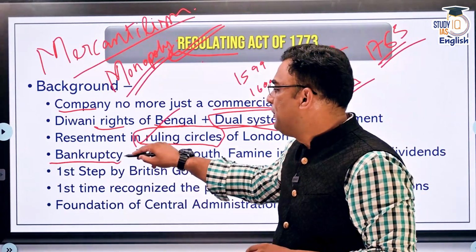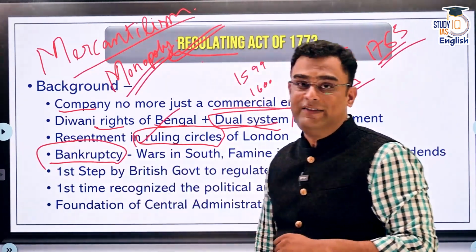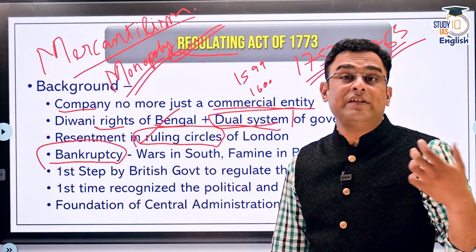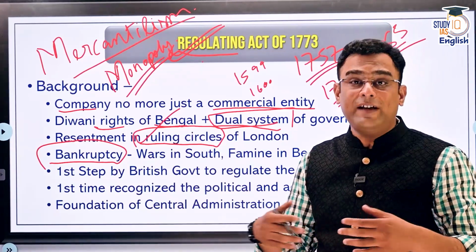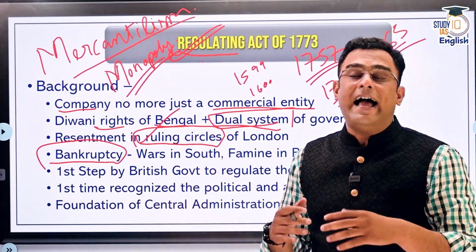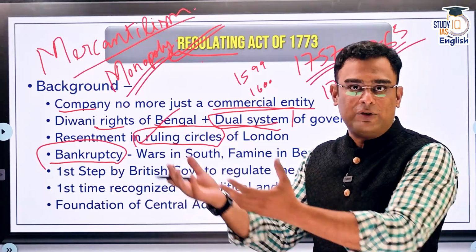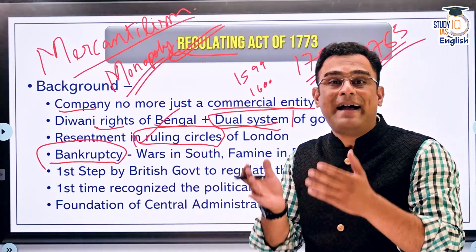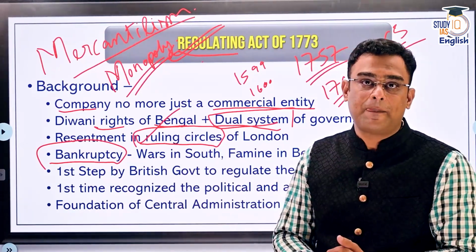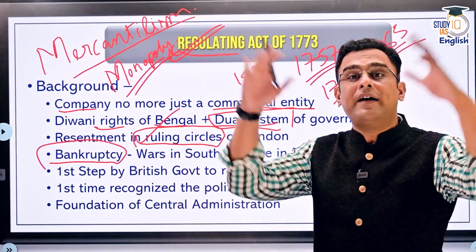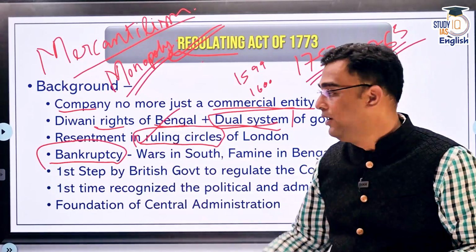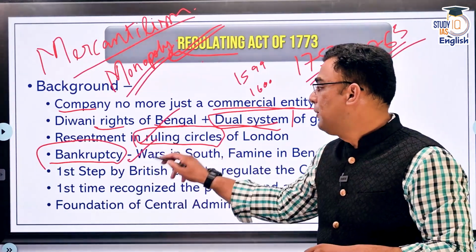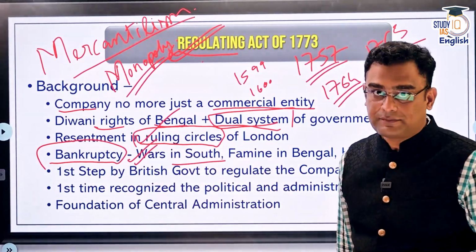Next background important point is the bankruptcy of the East India Company. Yes, you may be surprised that the East India Company, which was defeating Indian powers as if they were just nine pins on a bowling alley, was facing a massive financial crisis. Its officials had amassed a lot of wealth, they had become rich, but the company was going bankrupt. Why was that so? Number one, wars in South India.